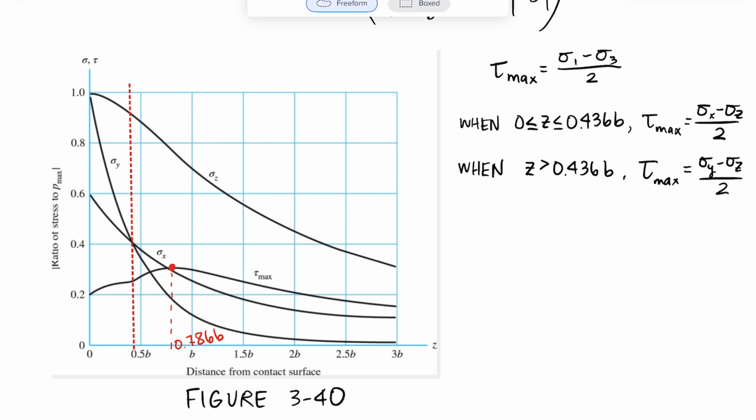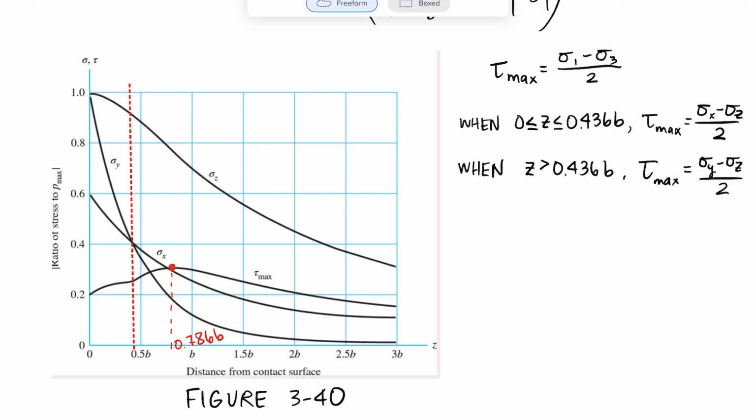All right, so at 0.786b, we have maximum shear stress. And again, keep in mind that this is all occurring below the surface of the actual contact point. And this is believed to be the mechanism of surface failure, surface fatigue.